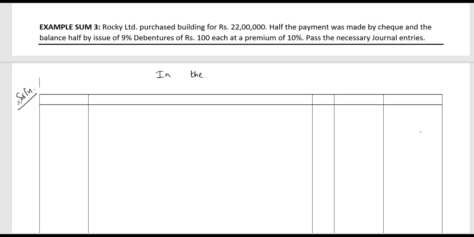In the books of Rocky Limited, journal, we have the date / serial number, particulars, LF, debit rupees and credit rupees.